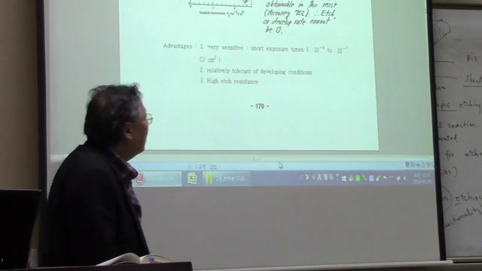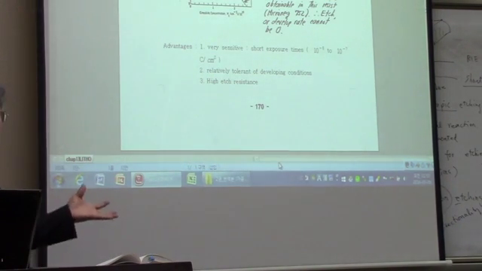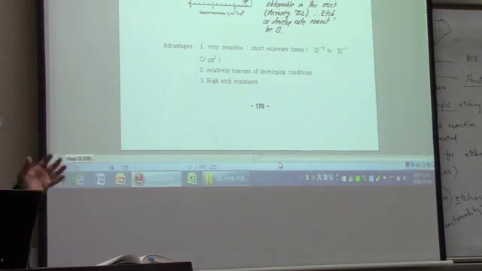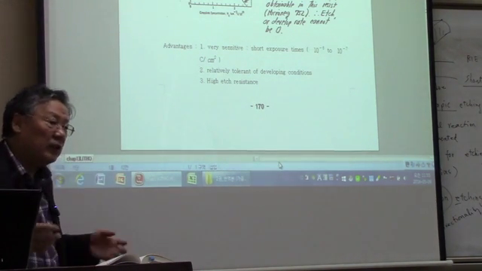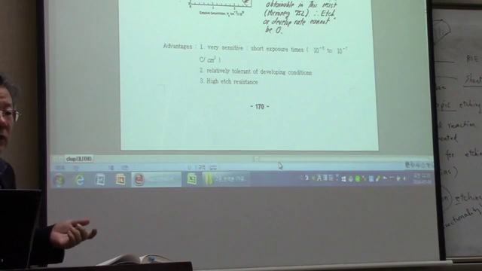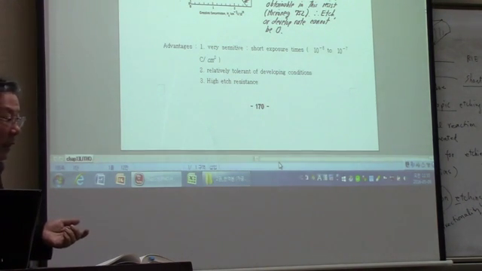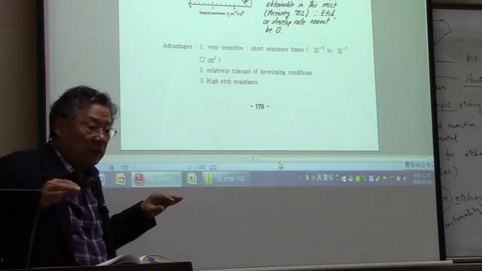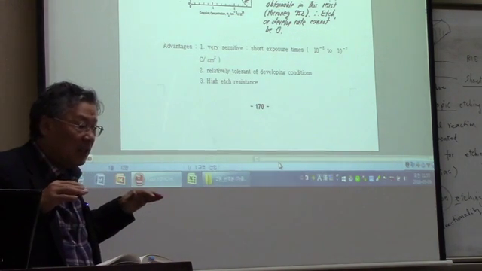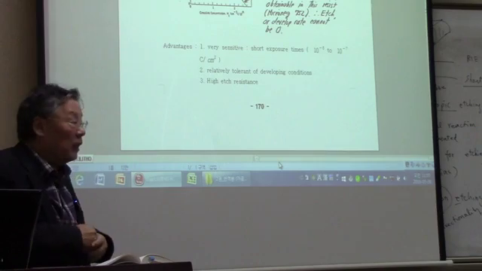Relatively tolerant of developing conditions, because in developing, the area without polymerization is going to be dissolved in the developer. And originally the negative photoresist is made easy to be dissolved in the developer.